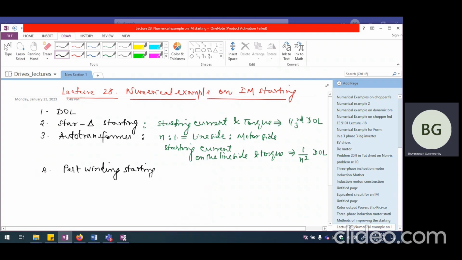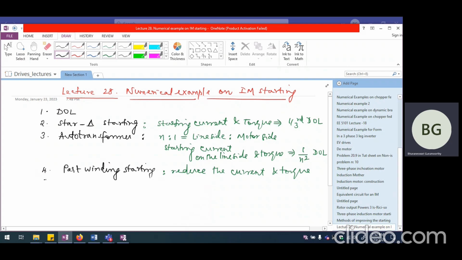Because of the larger Z, you are going to have lesser current during starting and lesser torque as well. So part winding starting will also reduce the current as well as torque, depending upon how many parts of the winding are available and how many you put into service during starting.